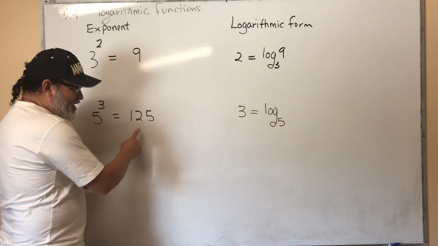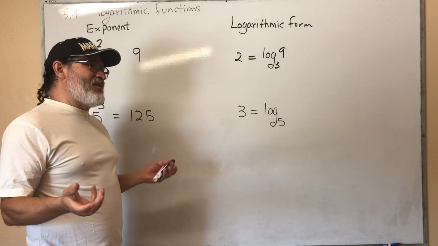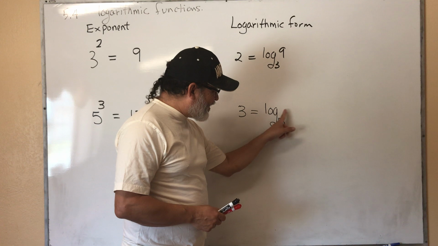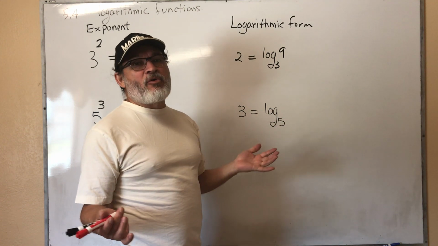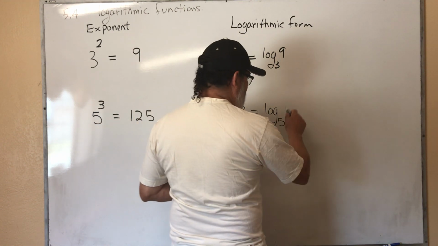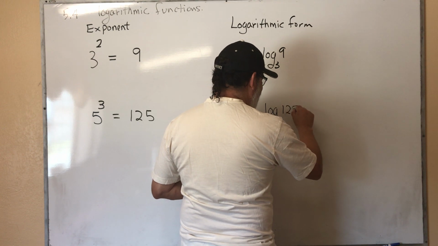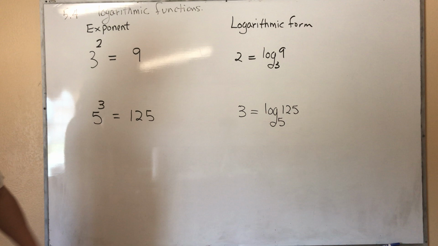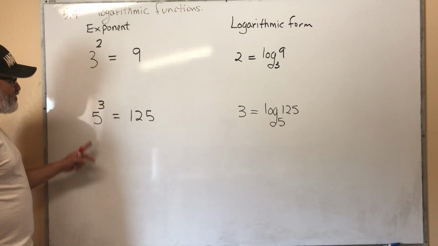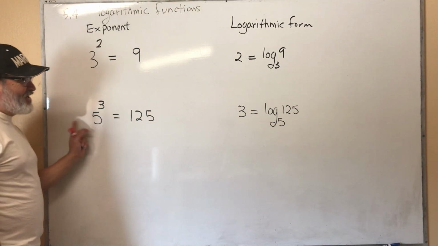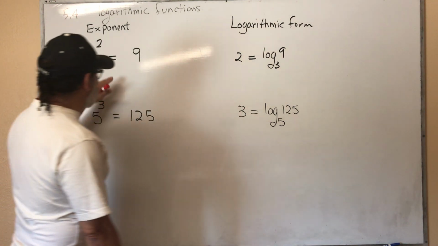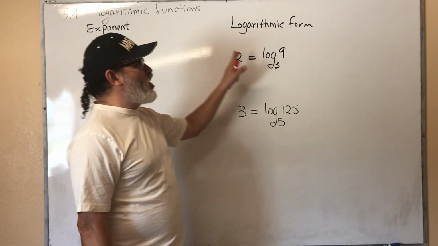This 125, I call it the argument. You can also call it the product, but when you put it in there, it becomes the argument of the logarithm. So we have expressed this as a logarithm.